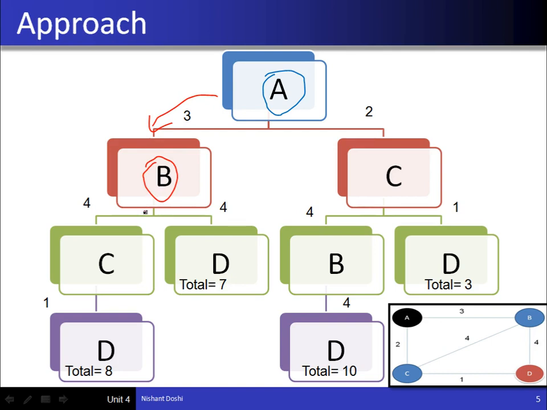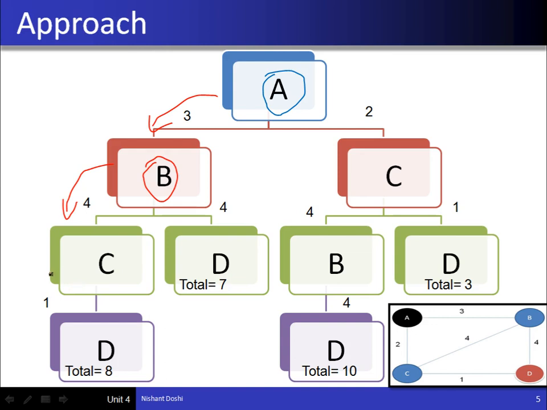Again, from B there are outgoing edges, of course B to A, but A is already visited, so we don't go there, otherwise it's a loop and a cycle. In shortest path, a positive-edge cycle will just keep going around. So we go from B to C.